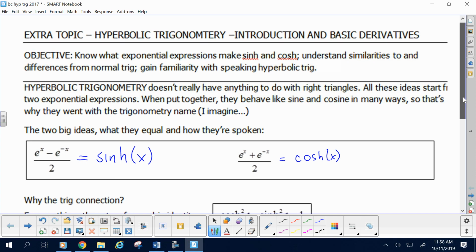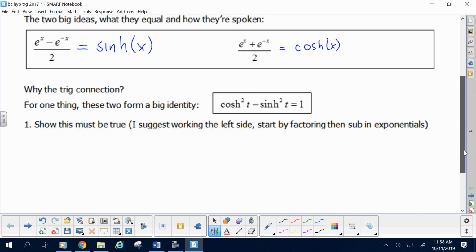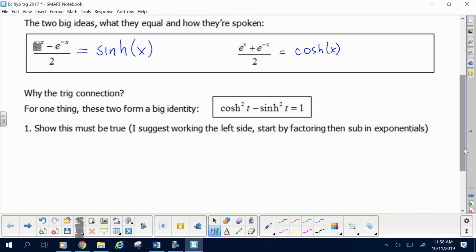Because when you combine these, it mirrors a lot of trig ideas. For example, if you were to take this squared and that squared and play with it a little, you get an identity. Now, it's not the normal trig Pythagorean identity, sine squared plus cosine squared is 1. It's got a negative in there, which you'll see when we go to show this.